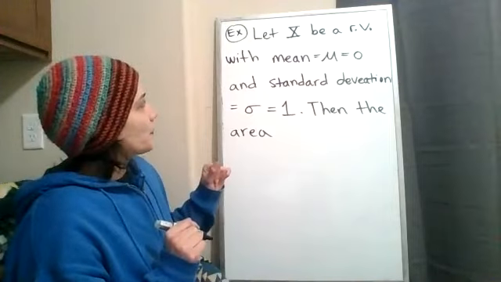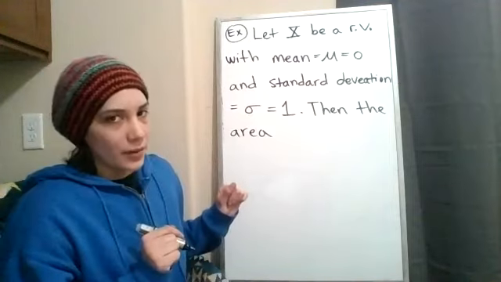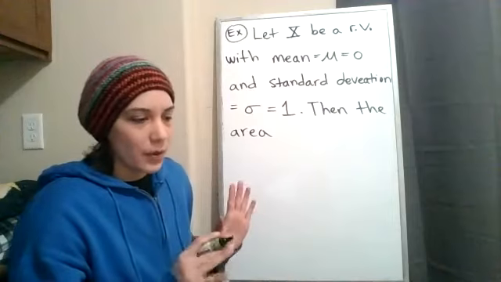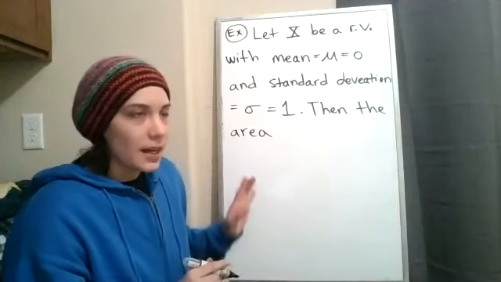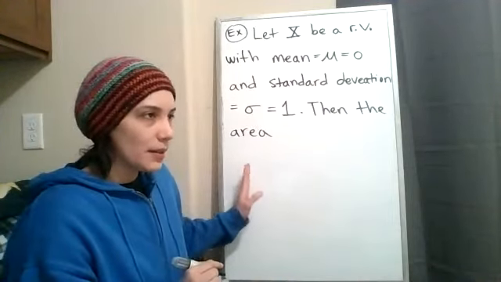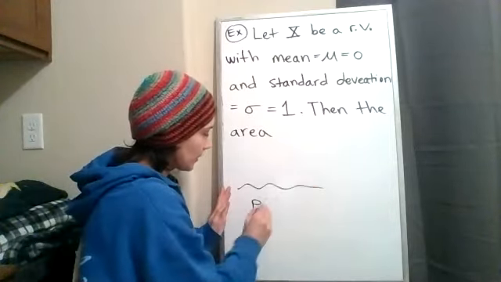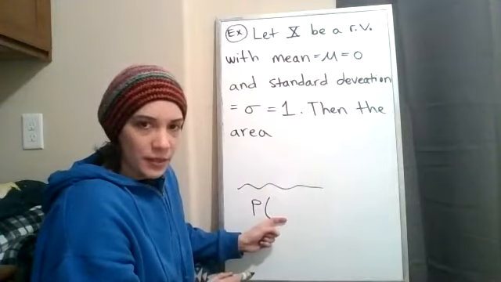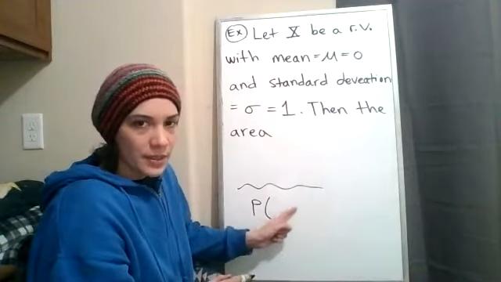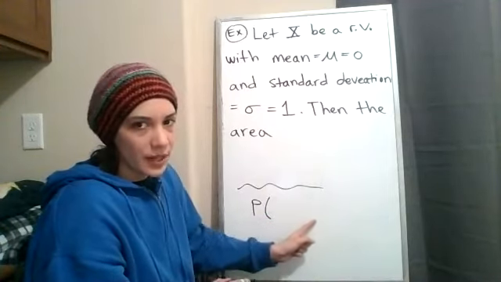While we're pausing to talk about what problems look like, when we write the problem and we have your probability, I like to keep the variable in the first spot, then some kind of symbol, like an inequality symbol, and then a number.